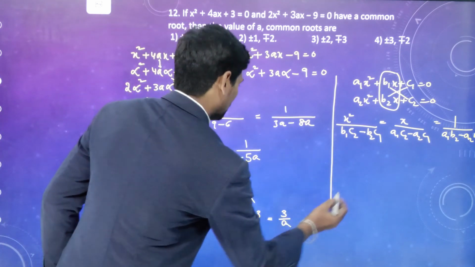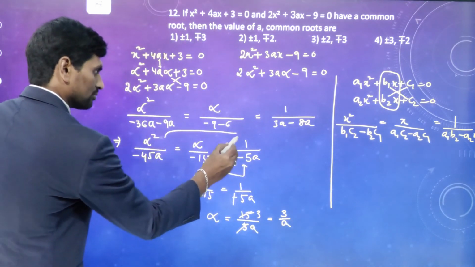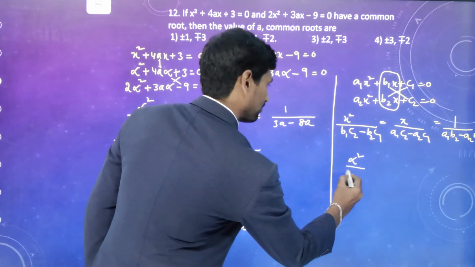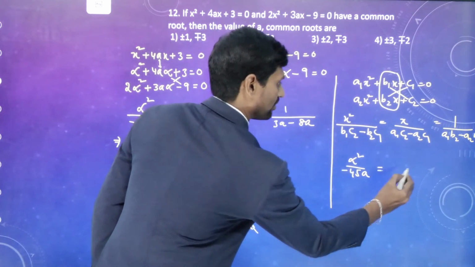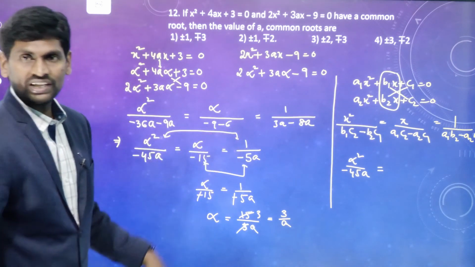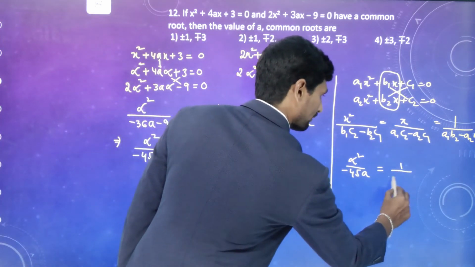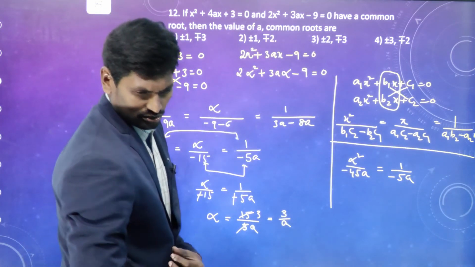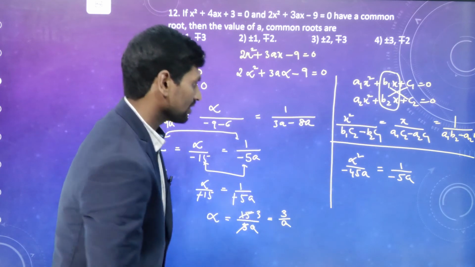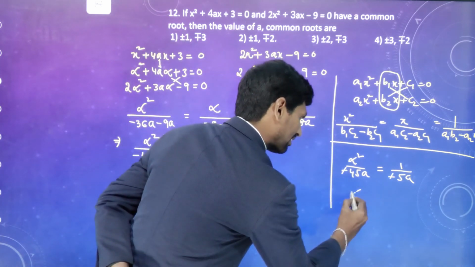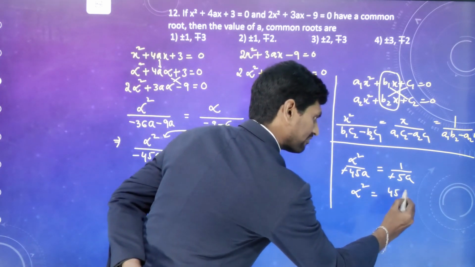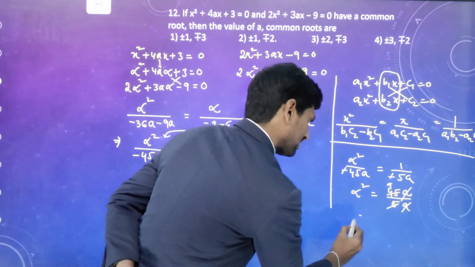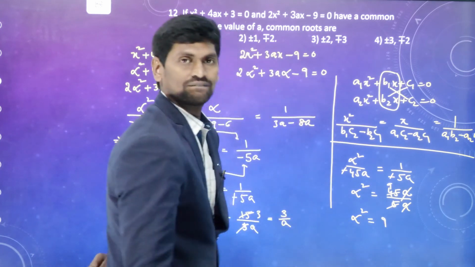Now compare these two: alpha square by minus 45a equals 1 by minus 5a. So substitute in that. Minus minus cancel. Alpha square equals 45a by 5a. A cancels, 5 nines are 45, 9 times. Alpha square value is 9.